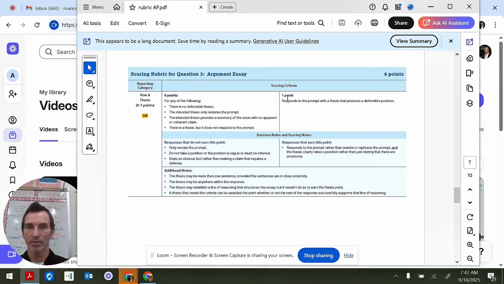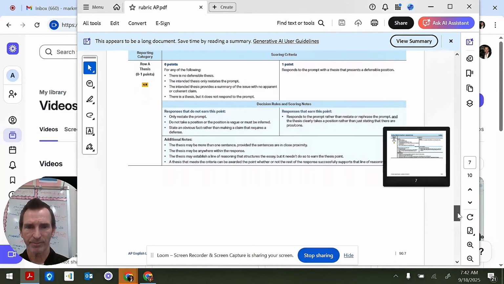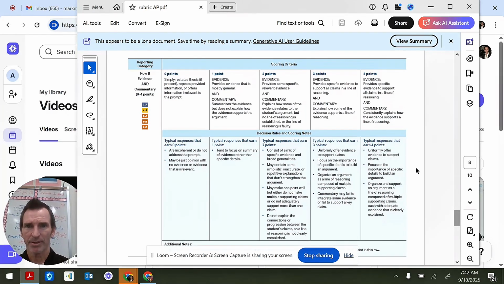And then I'm going to also talk about President Trump successfully using artifice in the 2016 election, whether you love him or hate him. So that's 1 point. I always tell them, try to put that at the end of your first paragraph and then preview your evidence.